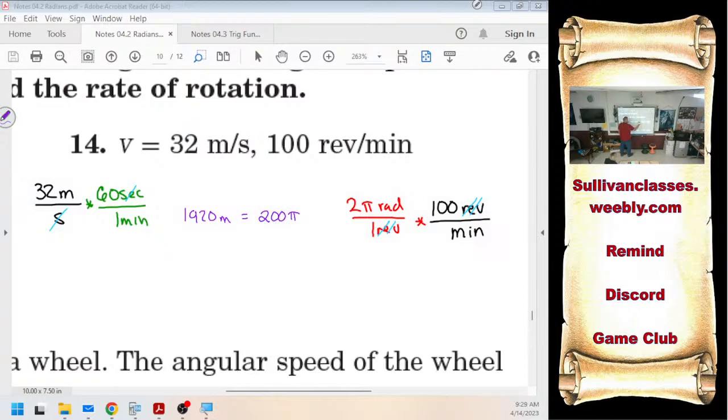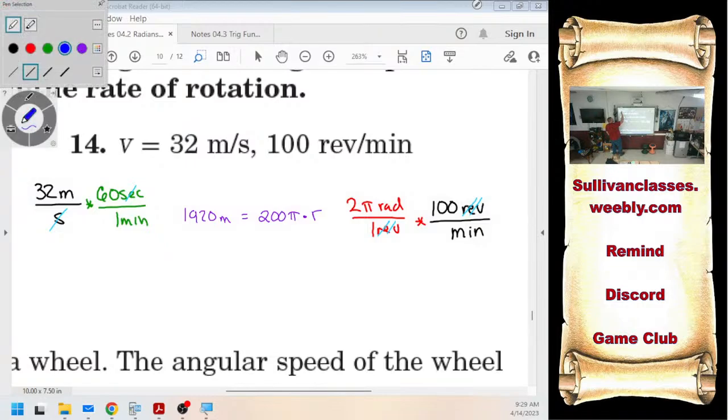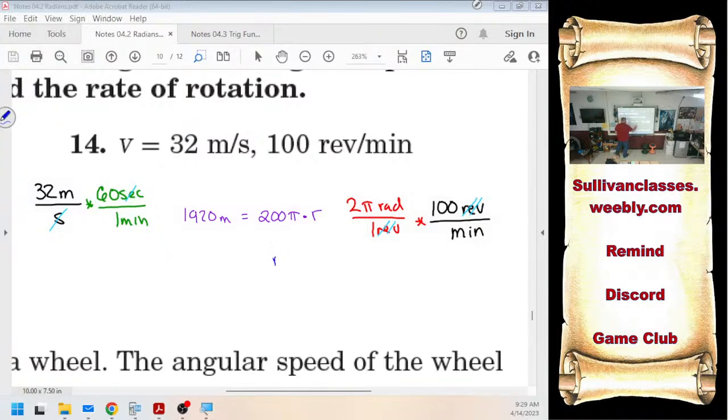A radian is a radius. And since they're both happening per minute, I could just multiply both sides now by 1 minute, and that would cancel. Okay? Divide, and I'm good. My radius is 1920 meters over 200 pi.